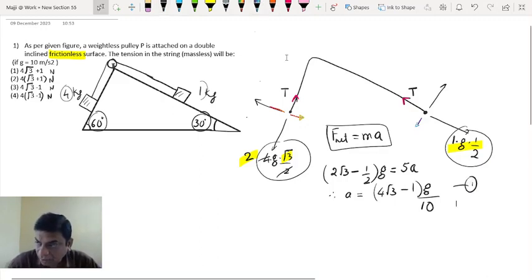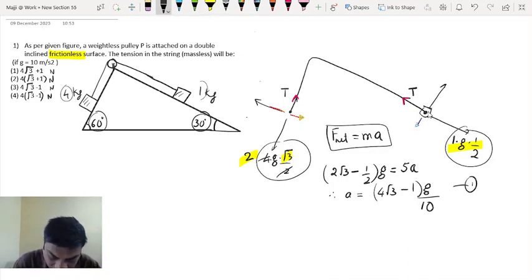Now, coming to the tension, let us apply Newton's second law to this block. Remember, the heavier part comes down, whereas the lighter one goes up. So the acceleration is in this direction, up the inclined plane for this block.